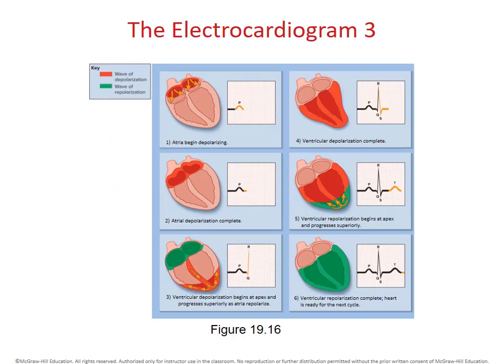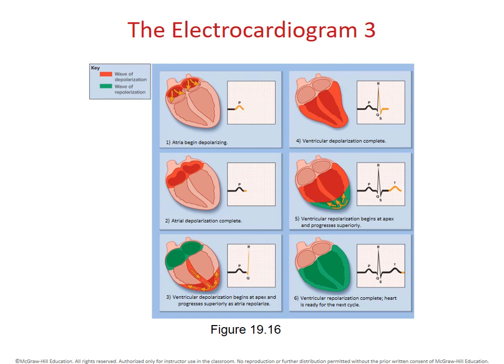This is figure 19.16. It's probably one of my favorite figures of the chapter because it takes the illustration that we saw on the previous slide and puts it in a drawing format. What you're going to notice is if you start on the first box, you can see that the atrium is colored red because it's having a wave of depolarization.